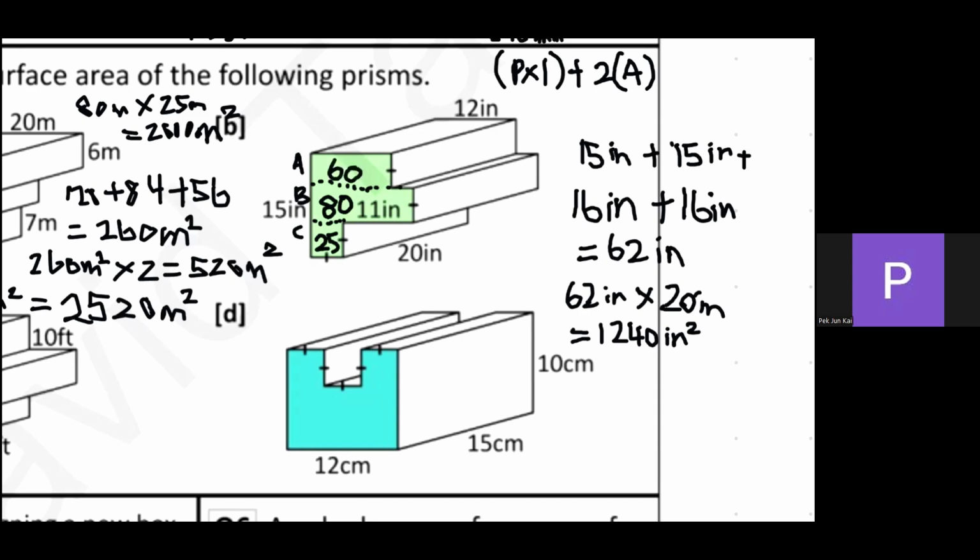So we add them all up together, we would get 60 plus 80 inches squared plus 25 inches squared. We would get 165 inches squared.